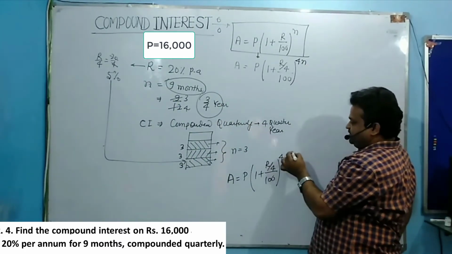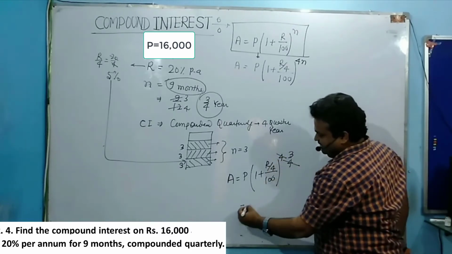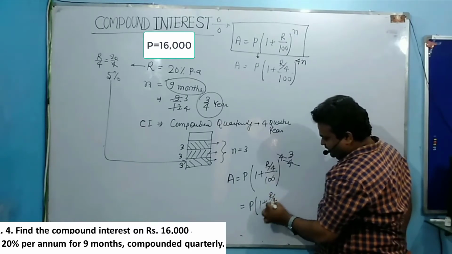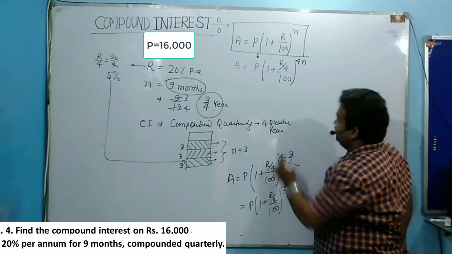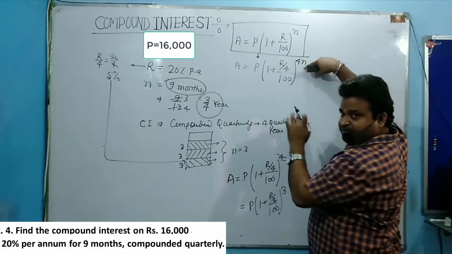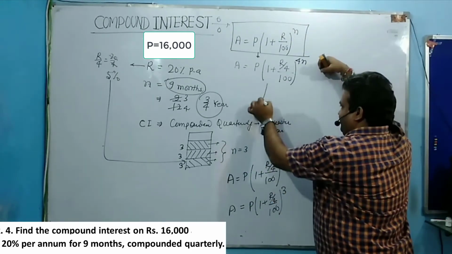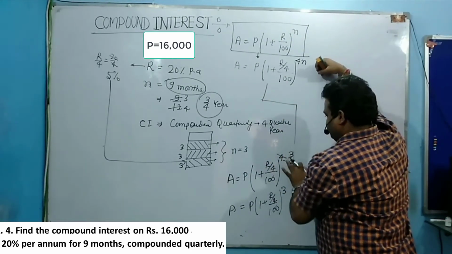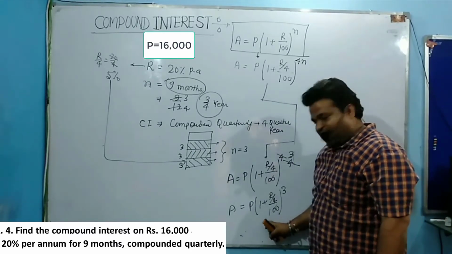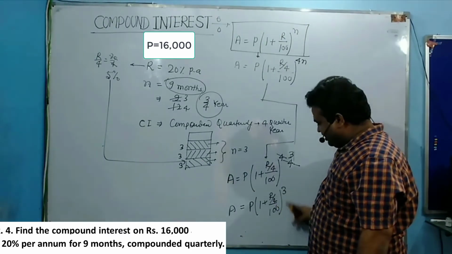When you cancel this value, you will get the same value written over here: R by 4 divided by 100 raised to the power 3, which I already mentioned just before. So this is the final formula. A is equal to P times 1 plus R by 4 divided by 100 raised to the power 3.